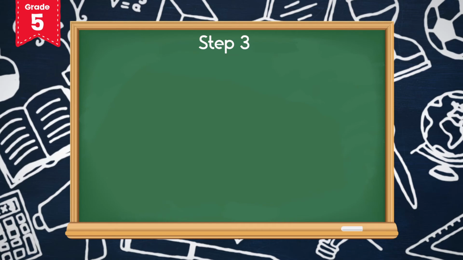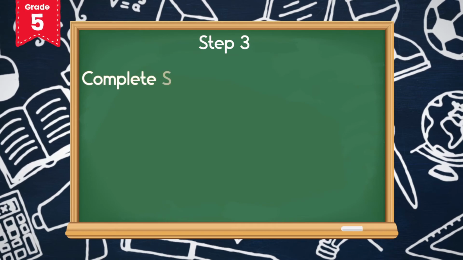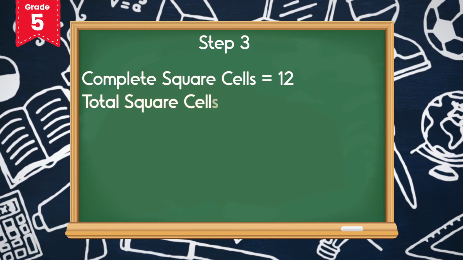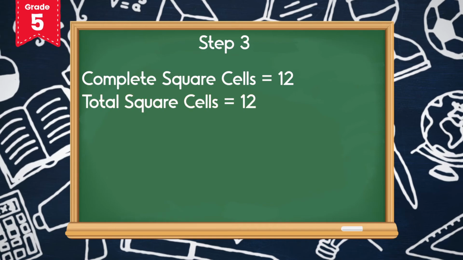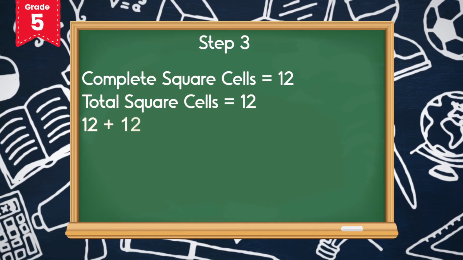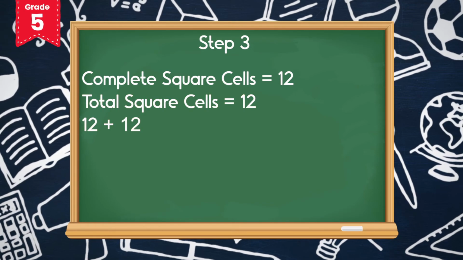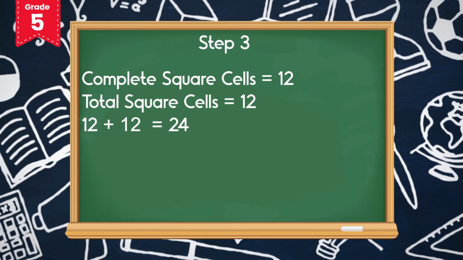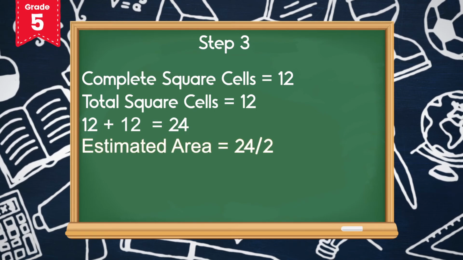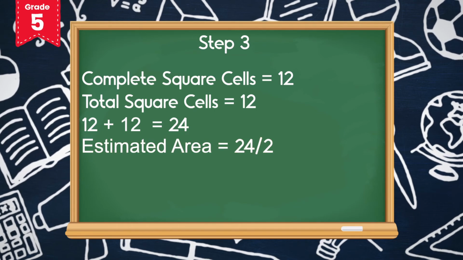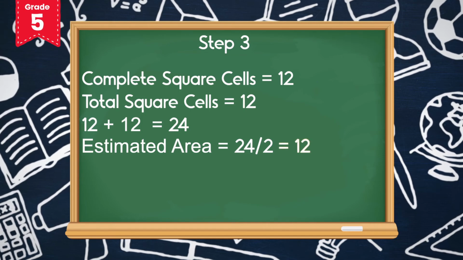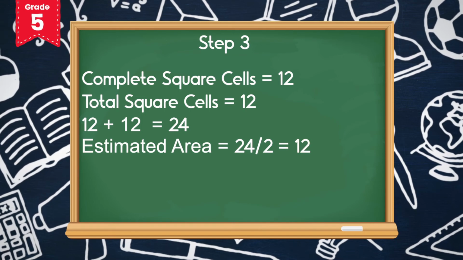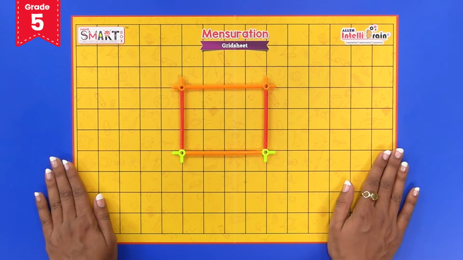Add the count of the square cells obtained in step 1 and step 2, that is 12 plus 12, which gives us 24. To find the estimated area, divide 24 by 2, which gives 12. Therefore, the area of this rectangular shape is 12 square units.